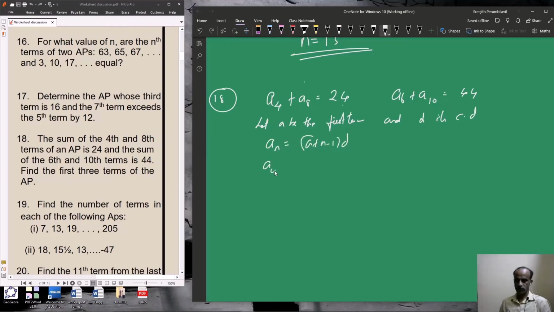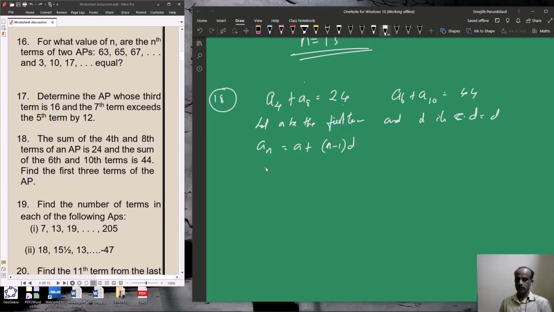So, A4 is equal to what? There is a small mistake here, I put the bracket wrong.